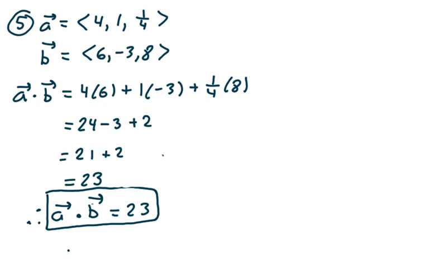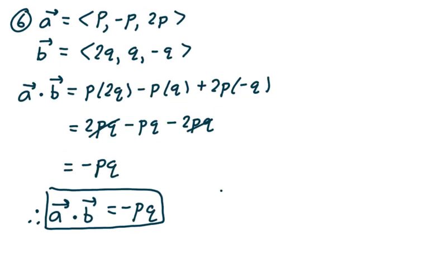But this is equal to 24 minus 3 plus 2, which is equal to 21 plus 2, which is equal to 23. And so, therefore, the dot product of A and B must equal 23. That's number 5.